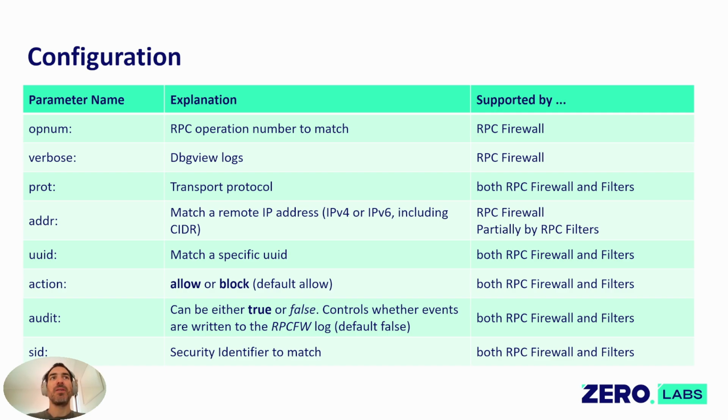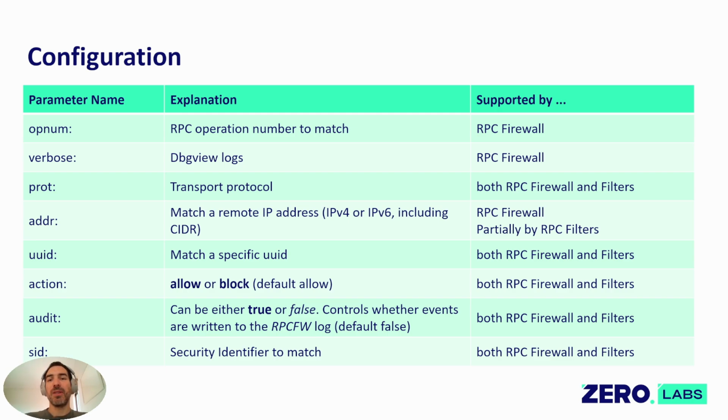You can tell it to block all RPC calls coming from a specific SID, for example. That would be a user or a group, whichever security identifier you have in your environment. And the list goes on. You can create an infinite amount of configurations.